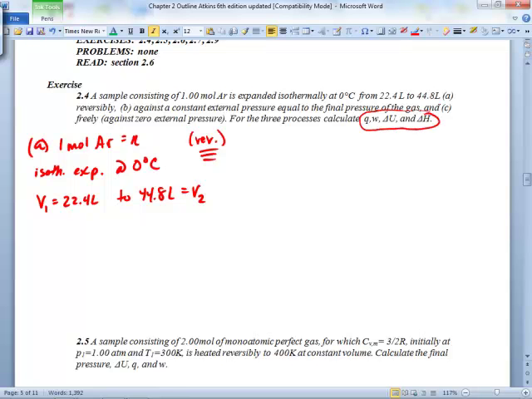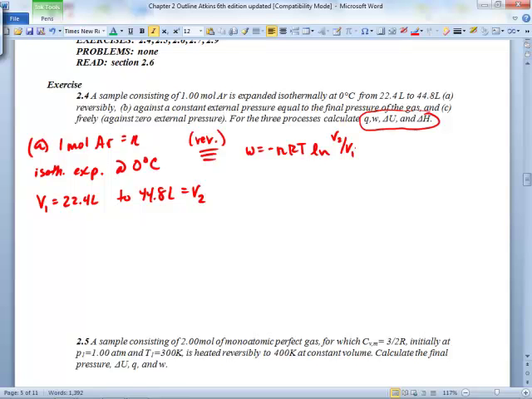Now, Robert mentioned something. But you look at all these. Do we have an equation to exactly calculate one? At least knock one of them out. And it's W, right? You look in the notes, and W was negative nRT natural log of V final over V initial.